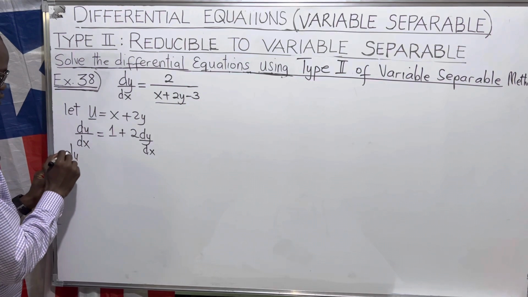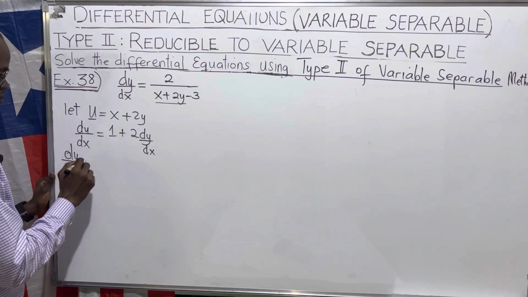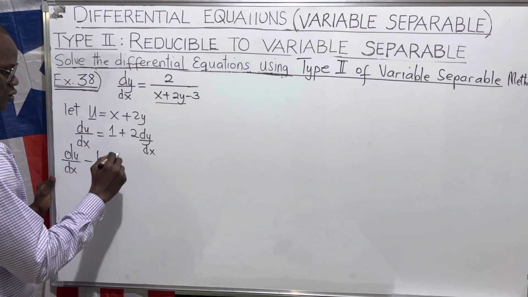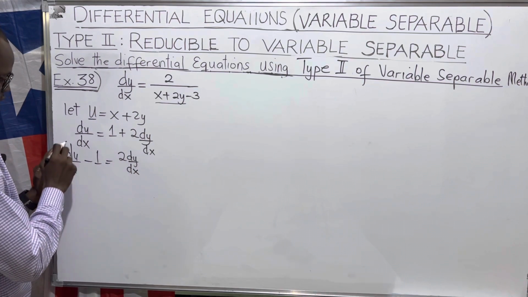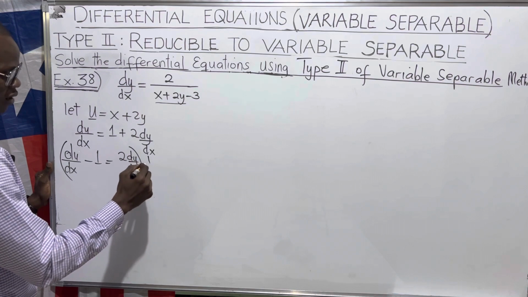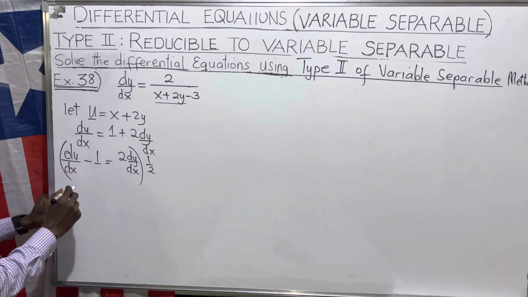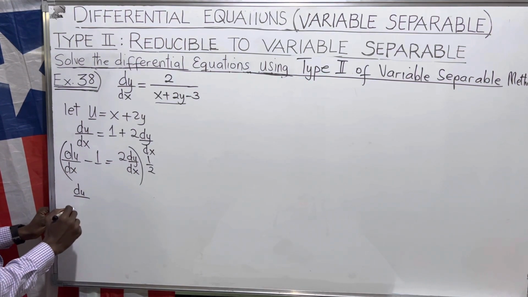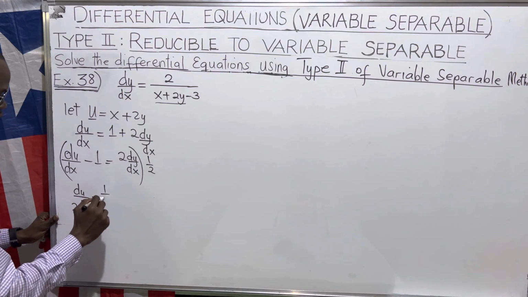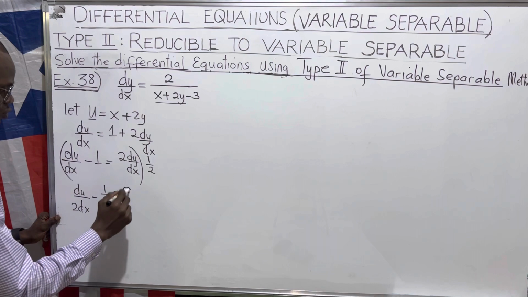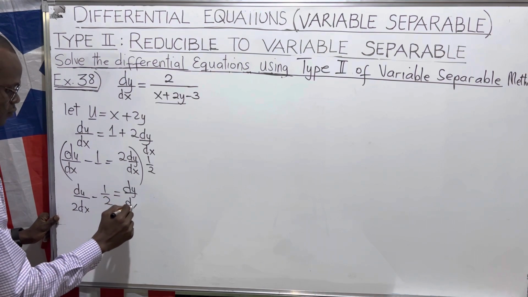So du over dx minus 1 is equal to 2 dy by dx. We can multiply all sides by 1 over 2. So we're going to have du over 2 dx minus 1 over 2 equals dy by dx.